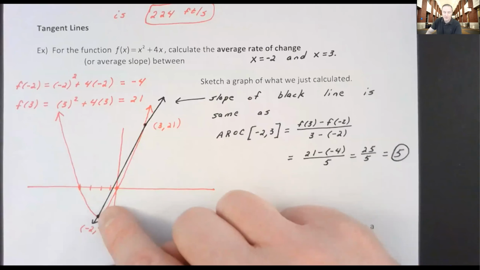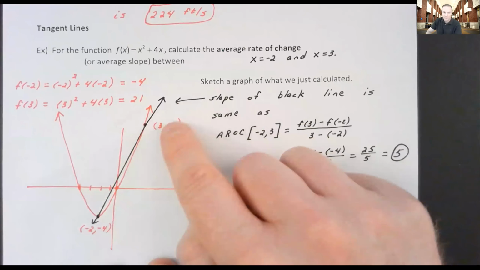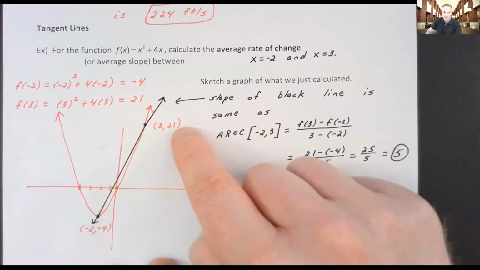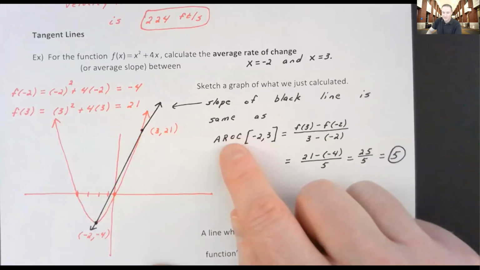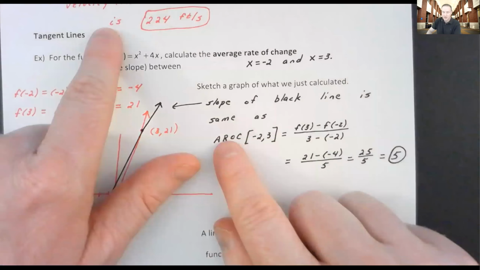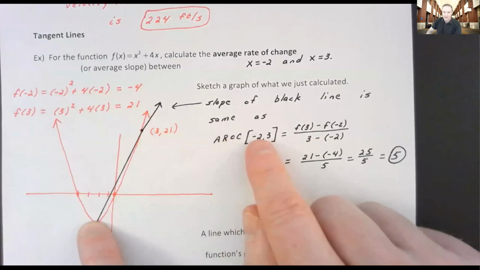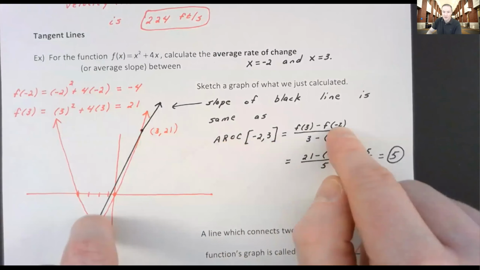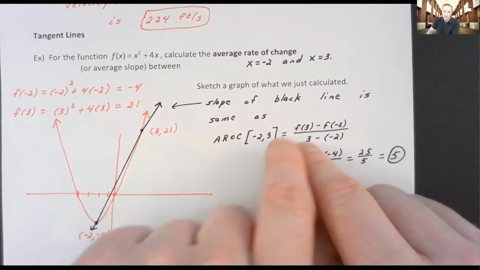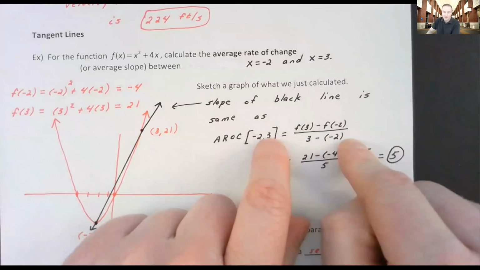So if I said, find the slope from this point to this point, you'd say it's y2 minus y1 over x2 minus x1. 21 minus a -4 over 3 minus a -2. That's the exact same thing you do when we're doing our average rate of change formulas. If I say, show me what the average rate of change is from -2 to 3, you'd say, well, it's the ending position minus the beginning position, which is f of 3 minus f of -2, over the end position minus beginning position, 3 minus -2 in terms of x.